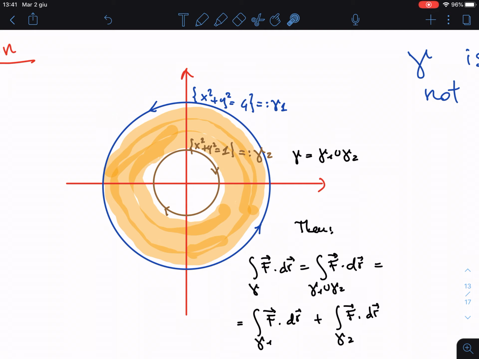If you are going positively, you fall in the internal part of the plane isolated by your curve, in this case the internal part of this set. So the positive orientation for gamma 1, the external component of gamma, is the usual counterclockwise orientation.